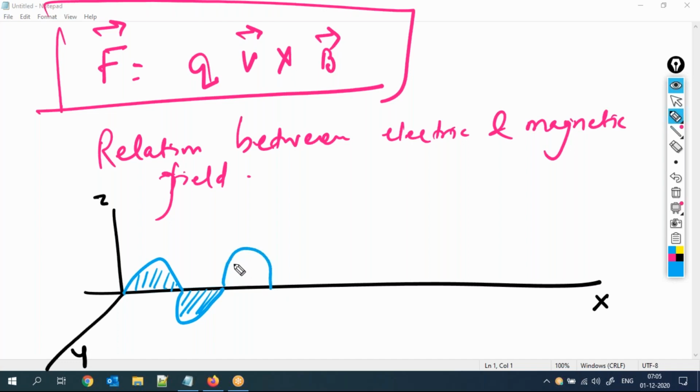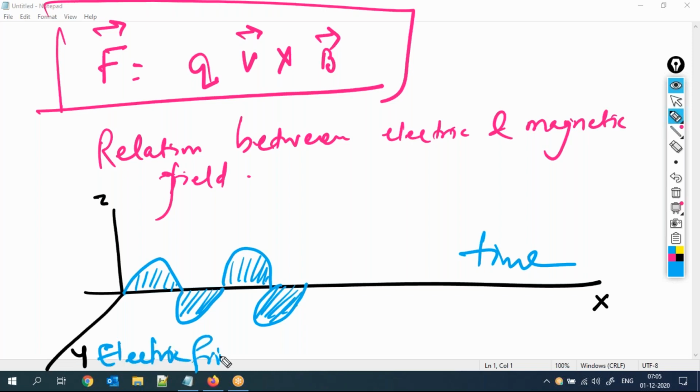Yes, sir. So this is electromagnetic field. If this is your time and this is your electric field and this is your magnetic field, this is like an electromagnetic field. Okay, we will talk about this.